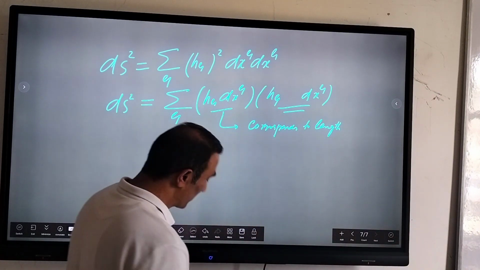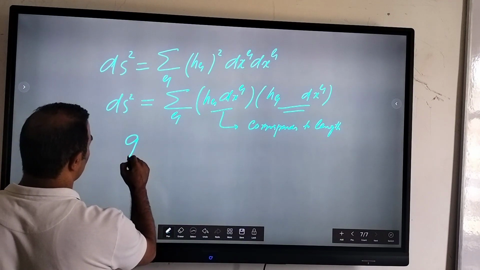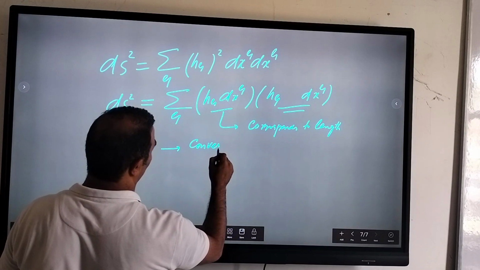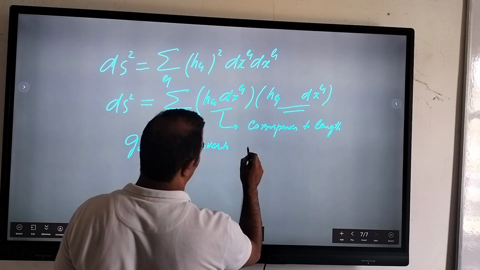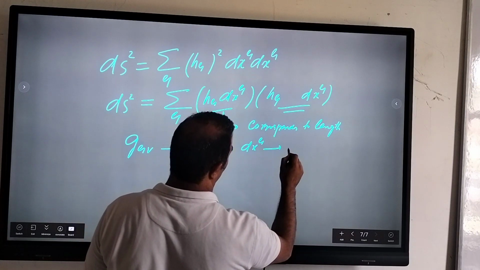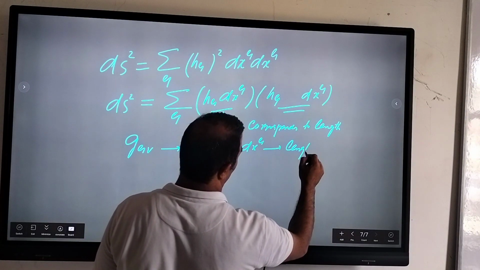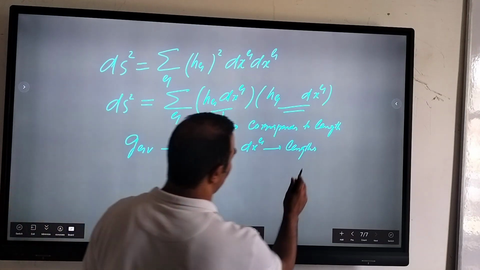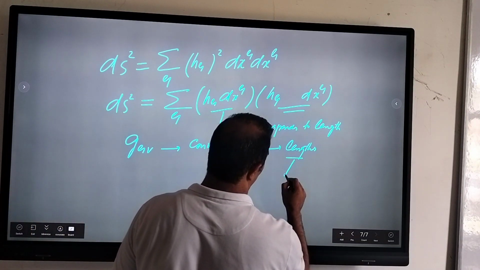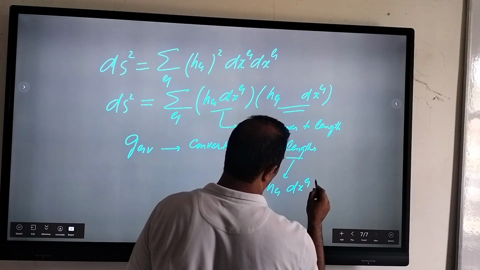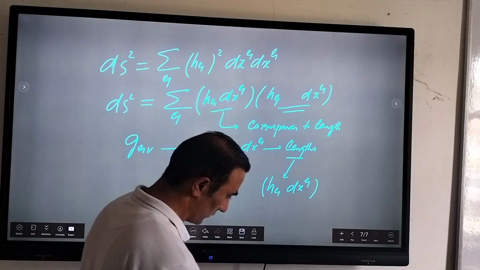So the significance of g mu nu is that it converts the differentials, or dx mu, into the length. So it converts differentials in terms of length. So that means h mu dx.